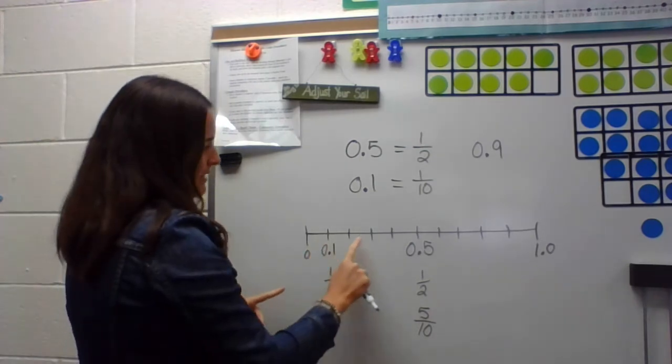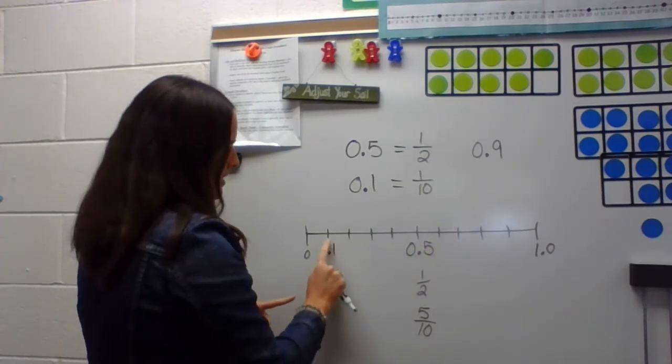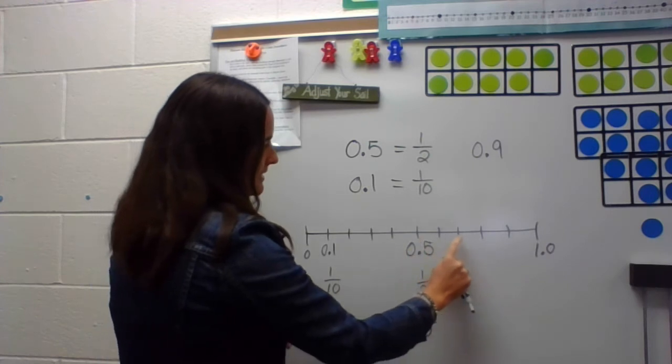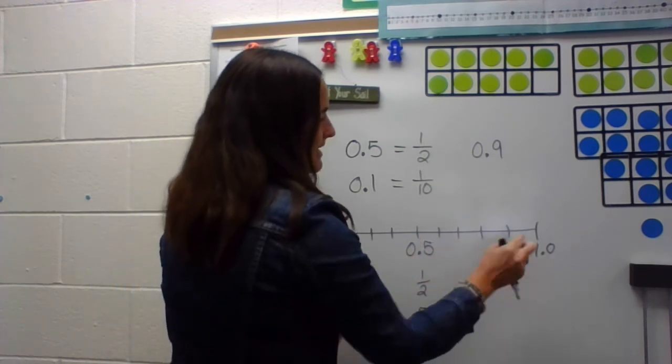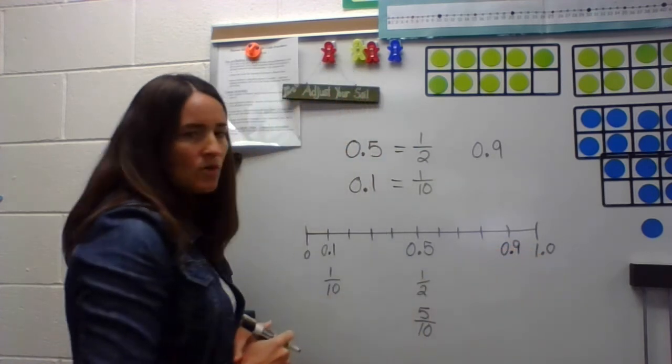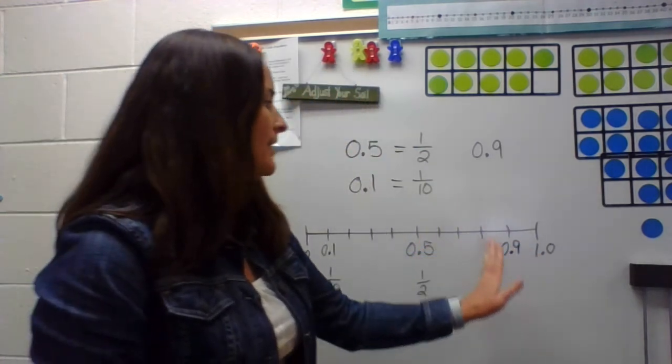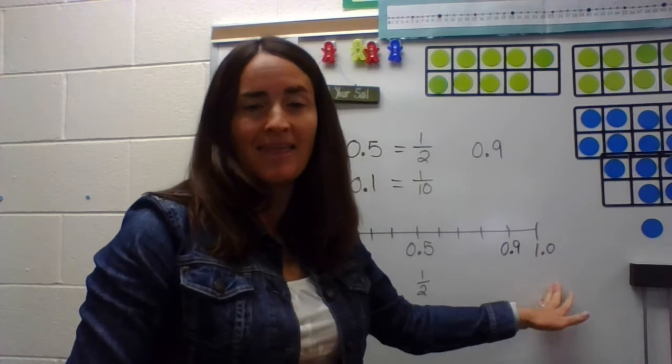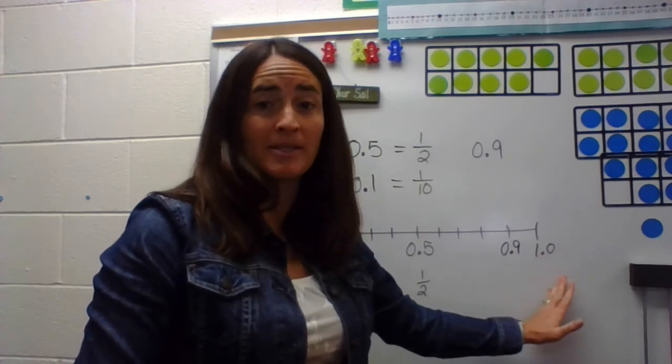And remember, I broke up my number line into 10 parts. So if I count them out, 1, 2, 3, 4, 5, 6, 7, 8, 9, I think that this is where that 9/10 is going to go. All I need is one more tenth, and then I'm all the way to my whole.